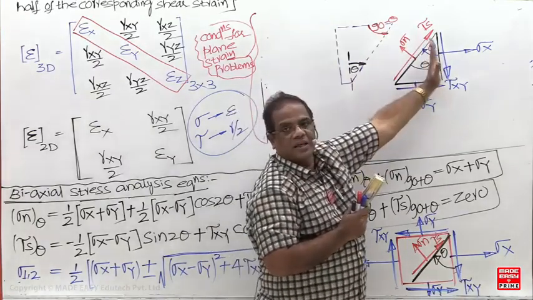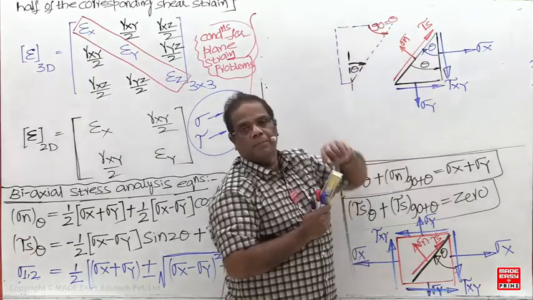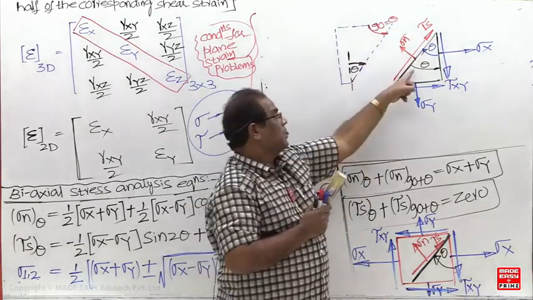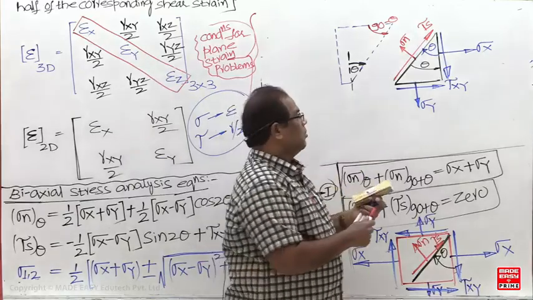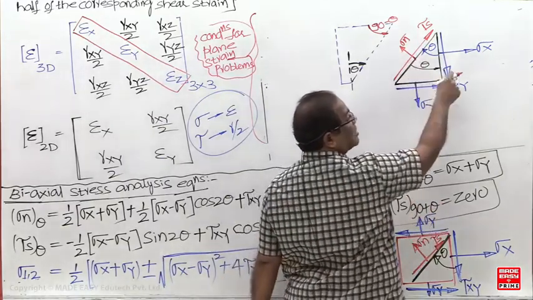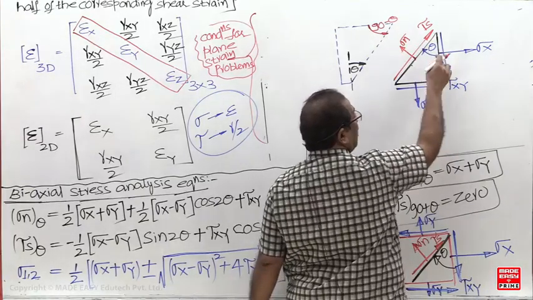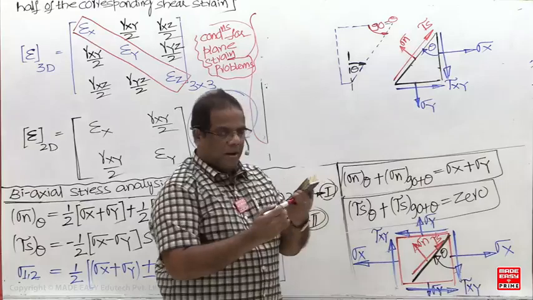This is your reference. Don't keep it like this, it is incorrect. Most students are going to ask this doubt. They'll keep it like this, then they'll get anti-clockwise. So always the arrowhead should be towards the oblique plane.